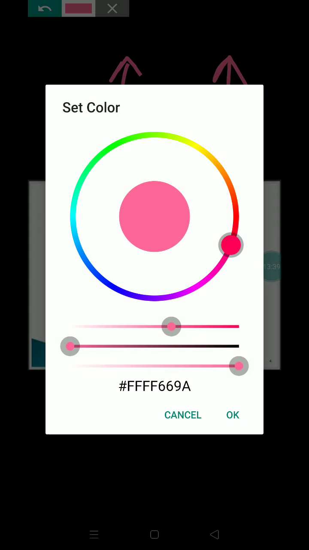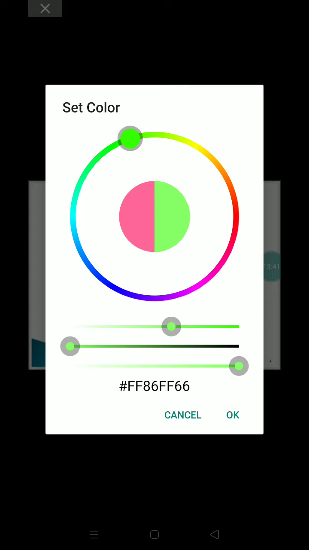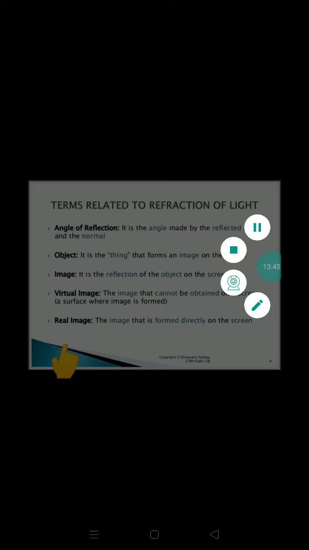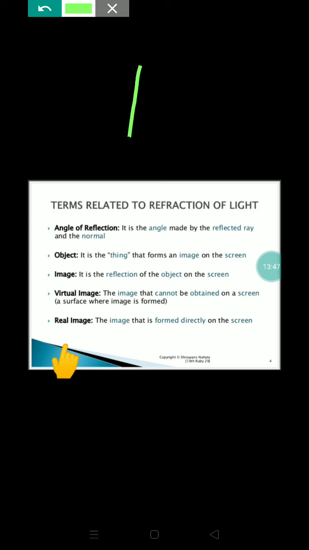And if this is your object, you will get the image like this. It is called an inverted image. A virtual image is always erect. Then comes the real image.